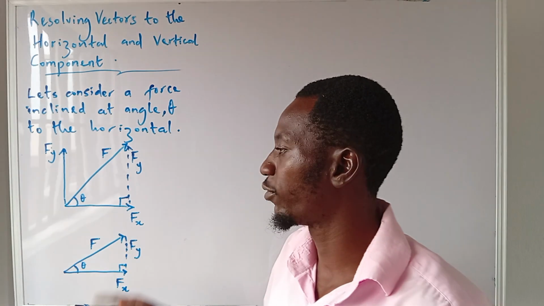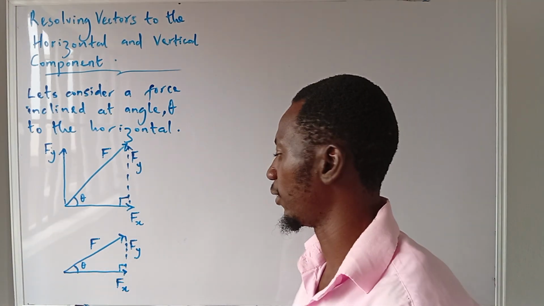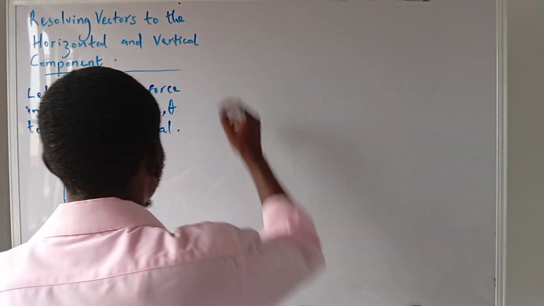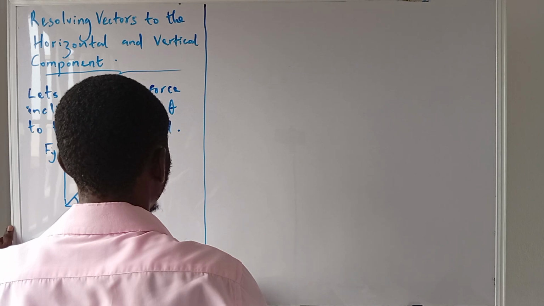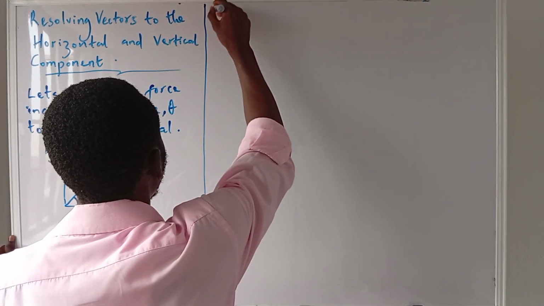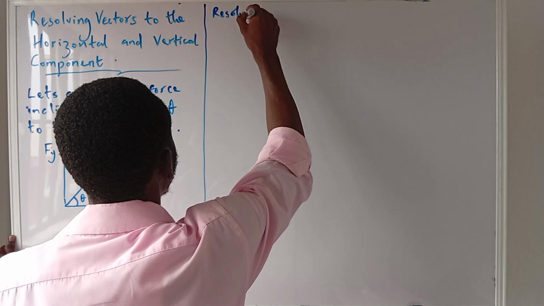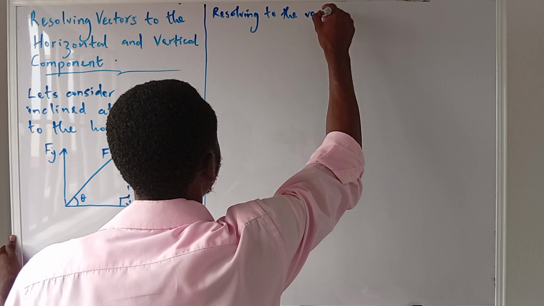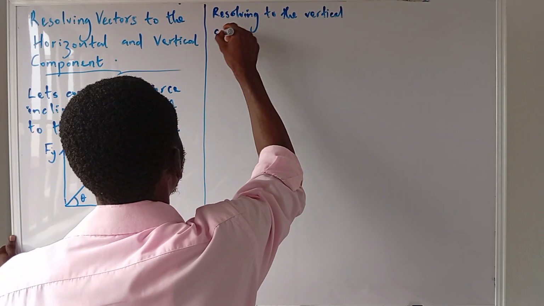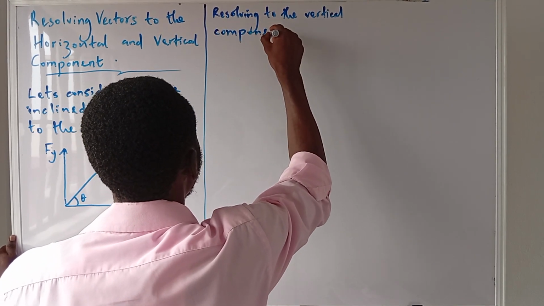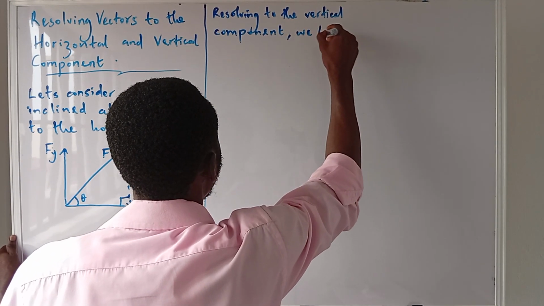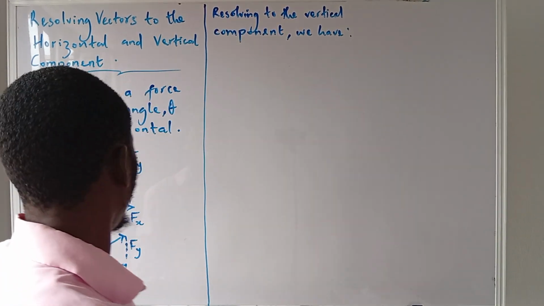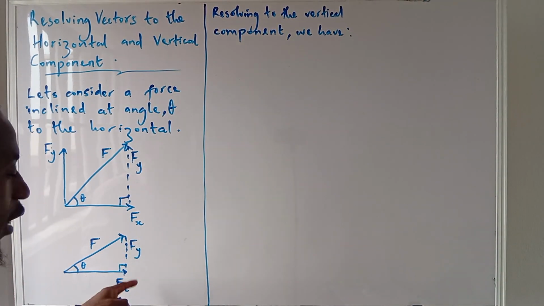We can use that to solve for the vertical component and the horizontal component of this force F. In solving for the vertical component, we are going to have the vertical component Fy.